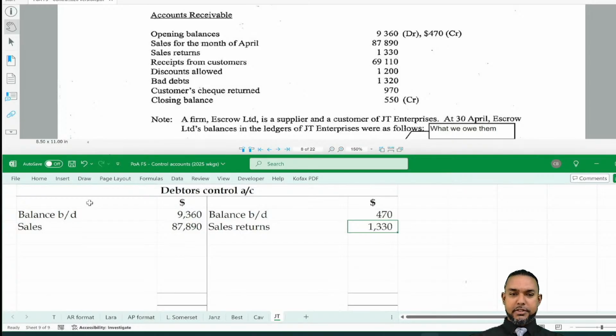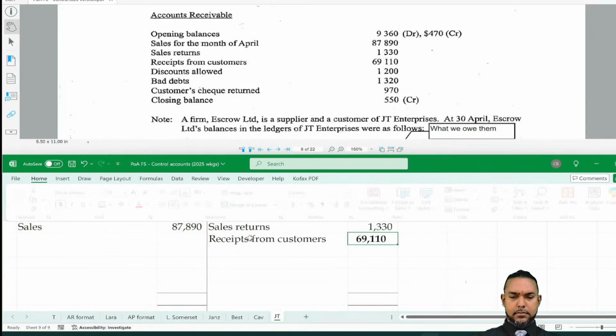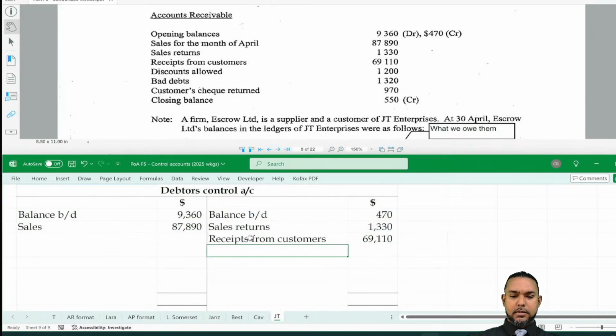All right. Let's see if we can finish this off. Right. Receipt from customers. That goes on this side here as well. Right. So that's 69,110. Discounts allowed.